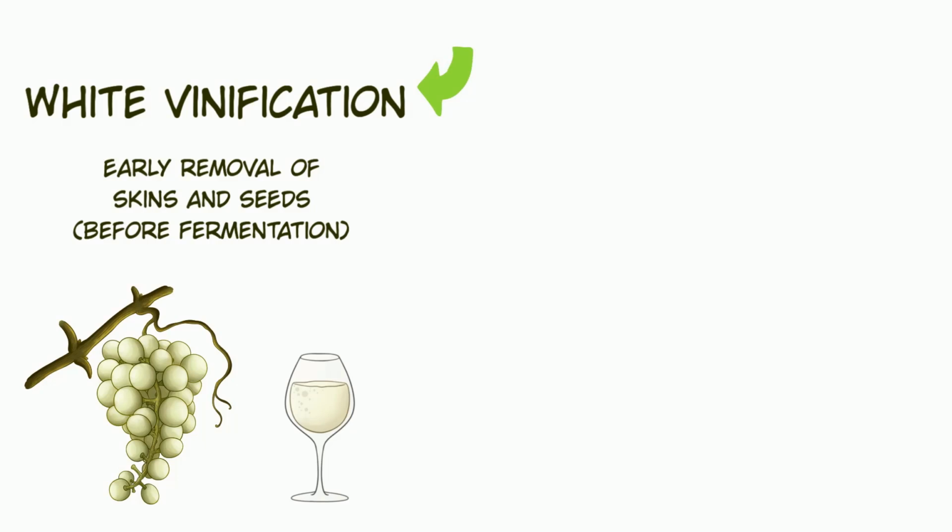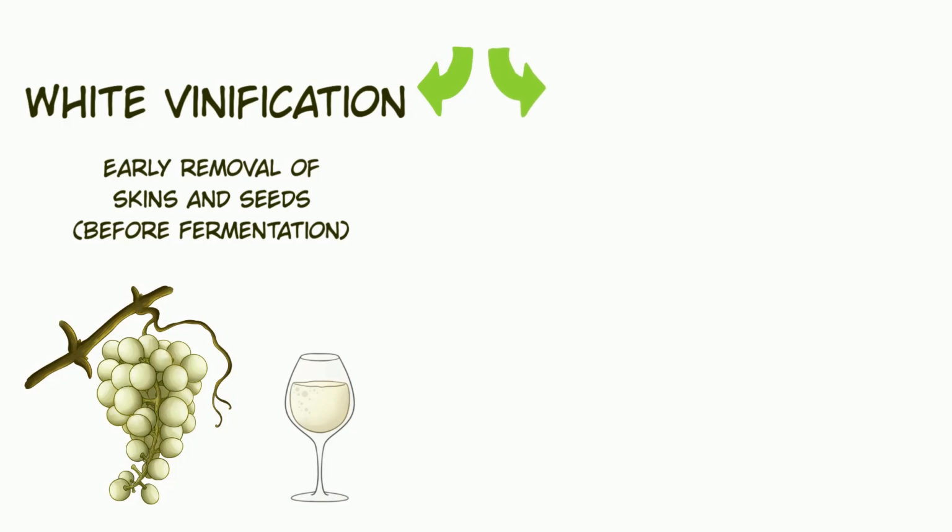Now, if you give a few hours of limited contact between the juice and the solid parts of the berries, you can extract a part of the aromatic compounds, which are mainly located in the skin. This last process is particularly important for aromatic grape varieties.